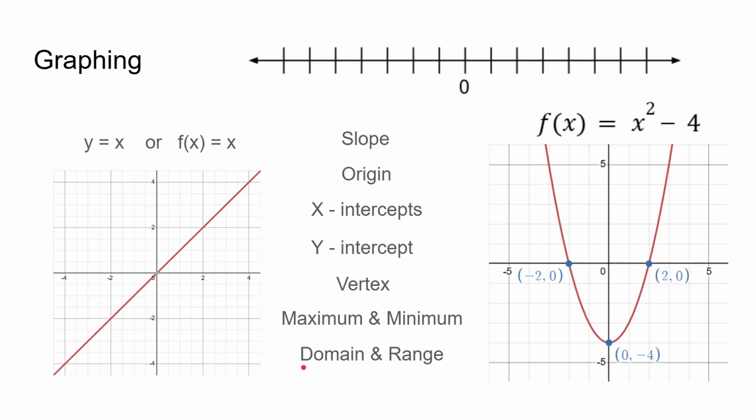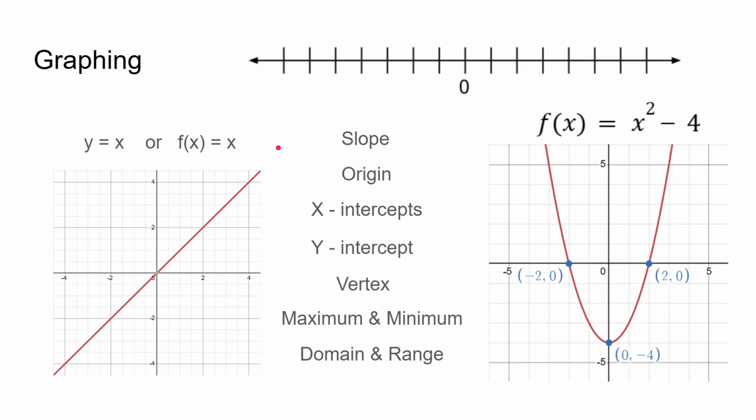And that brings us to domain and range. So domain is all of the possible x values that work in this equation. So for both of these equations, x is completely unrestrained. X can be any value, and the function can be computed and will have an equivalent y value for it. And range is all the possible y values that it could be. So for this one, the y values extend from -infinity all the way to positive infinity.